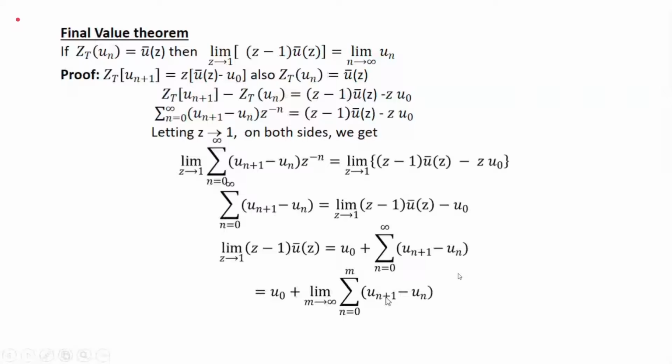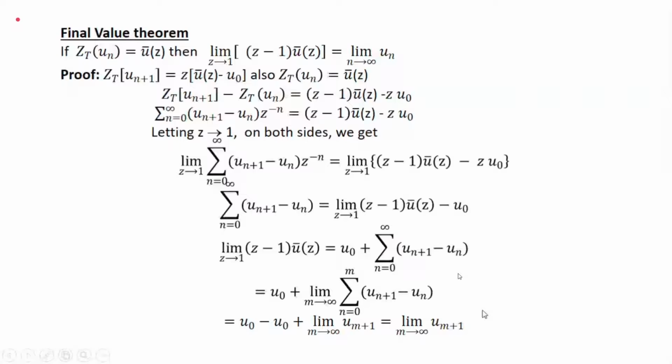So what I get is minus u naught remains and u(m plus 1) remains. All other terms get cancelled. So u naught cancels with minus u naught. What remains is the limit of u(m plus 1) as m tends to infinity, which is as good as the limit of u n as n tends to infinity. Can you see that? That is what we wanted to prove. Limit of this as n tends to infinity is this.